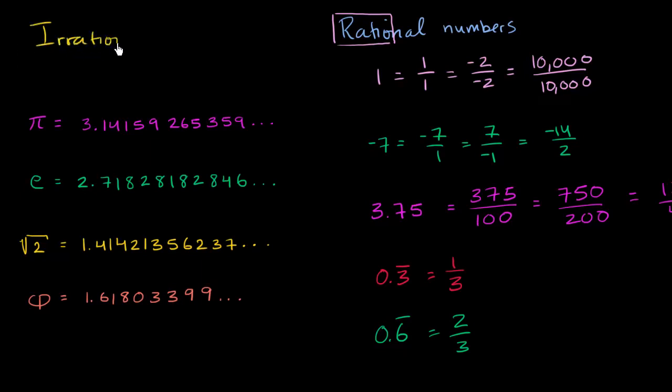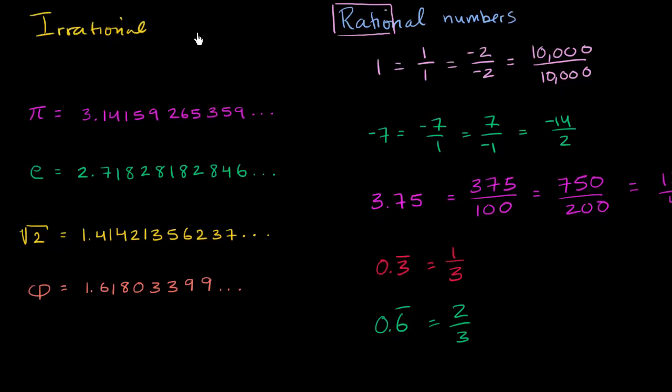Irrational numbers. And I've listed just a few of the most noteworthy examples. Pi, the ratio of the circumference to the diameter of a circle, is an irrational number. It never terminates.